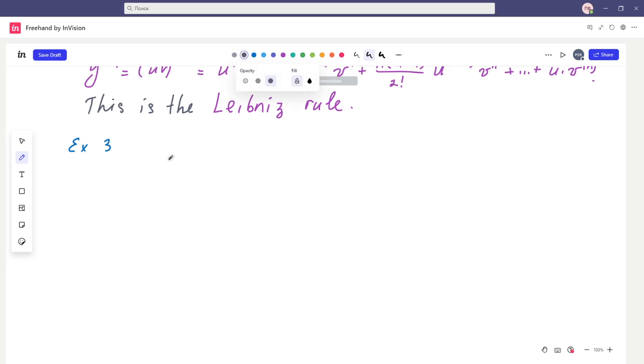Let y be e to the power of alpha x times x squared. Find the derivative of nth order.